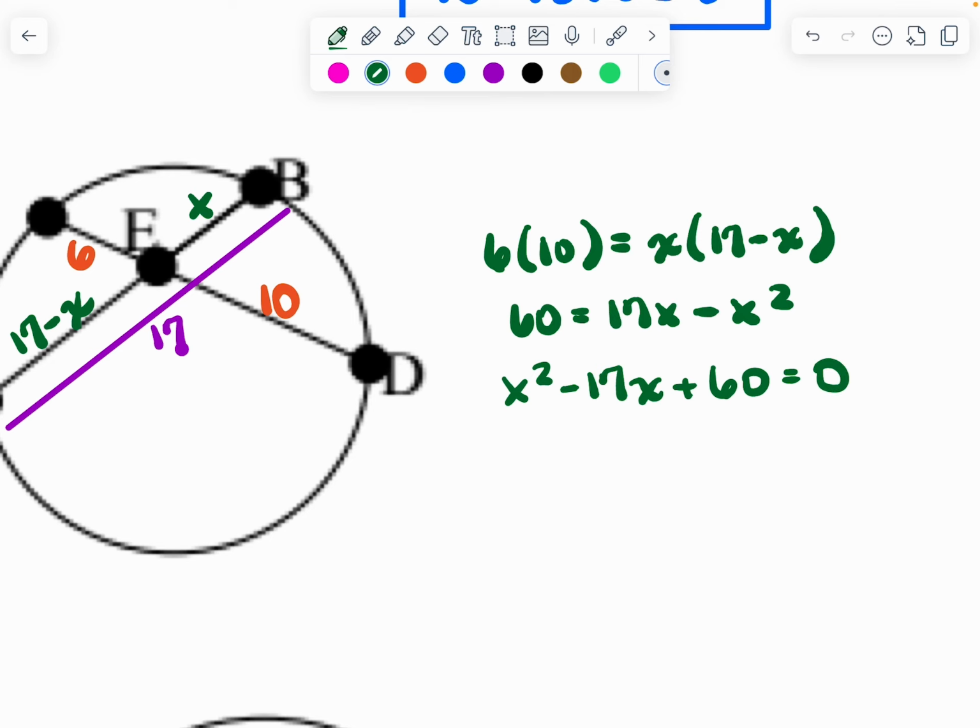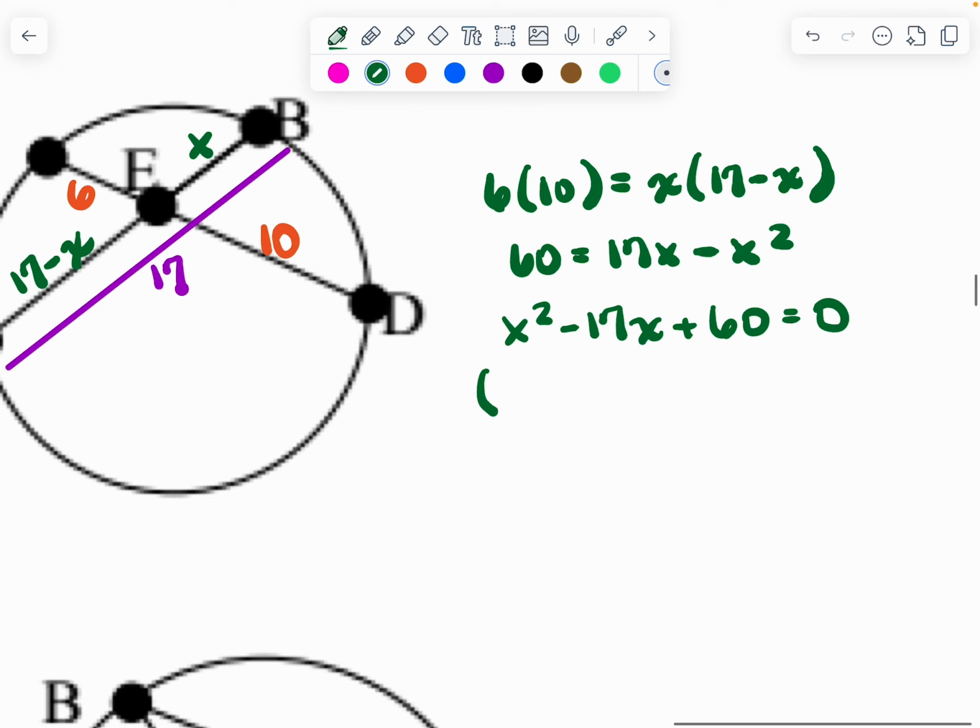Right? So now we're looking for the only two numbers in the world that multiply to give us 60, but add to give us negative 17. And that is going to be negative 12 and negative 5. Now this one's a little different, right?